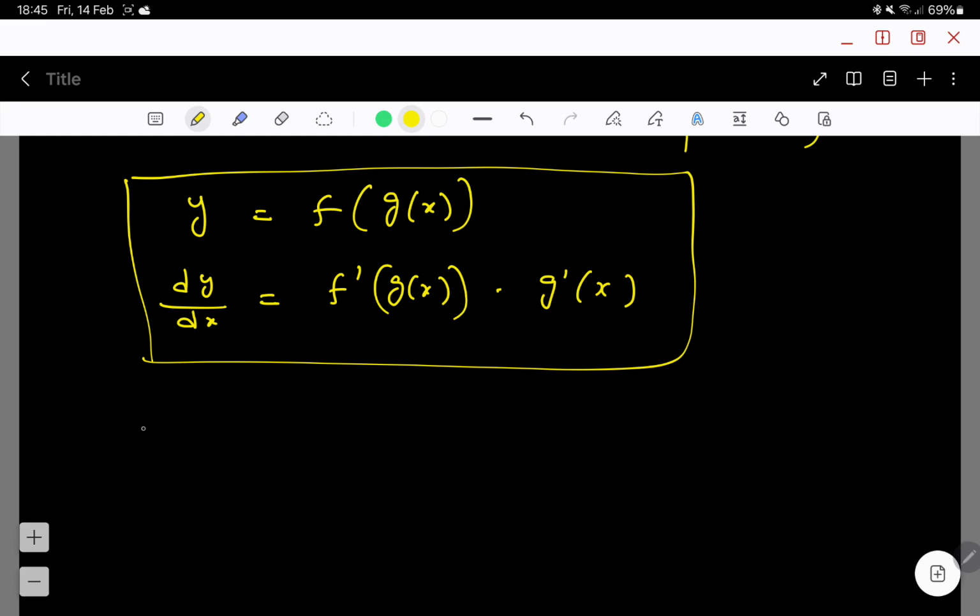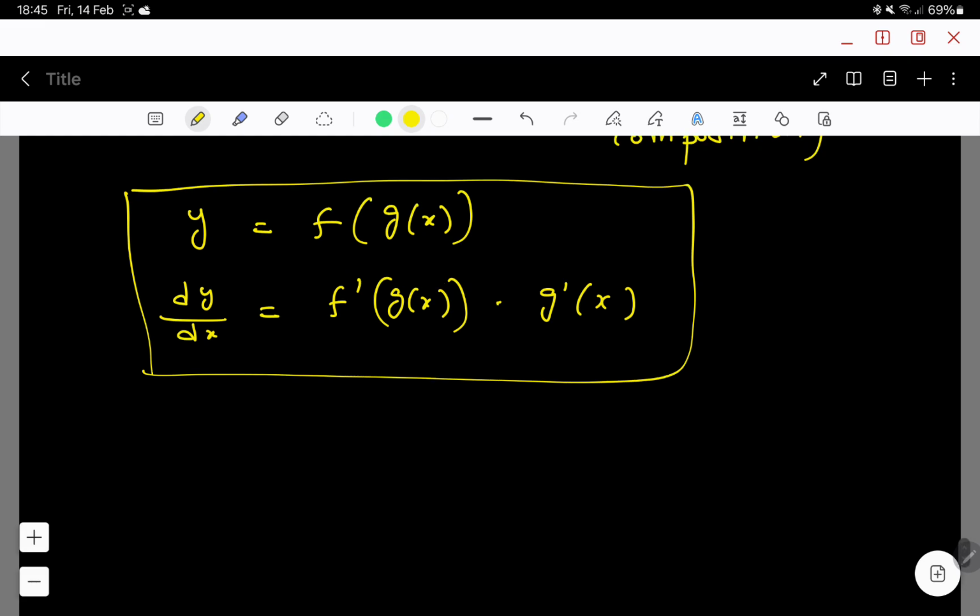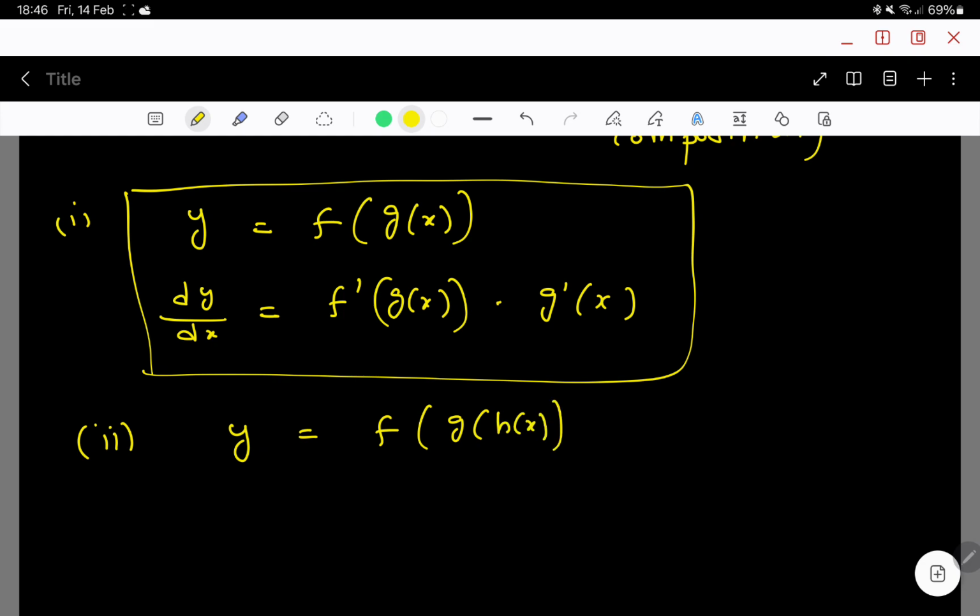Similarly, I am writing second one for composition functions. So y equal to f of g of h of x. Okay, here we get three functions are in compositions. So dy by dx equal to, first write, first to differentiate this f dash of g of h of x.